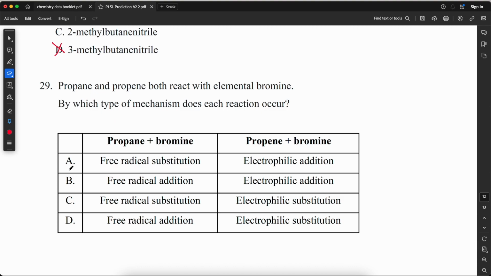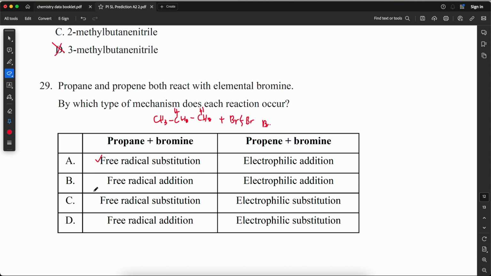Propane and propene both react with elemental bromine. By which type of mechanism does each reaction occur? So for propane, CH3, CH2, CH2, when it reacts with Br2, this one CH would be replaced by Br through the free radical substitution, because this will break, becomes bromine radical.